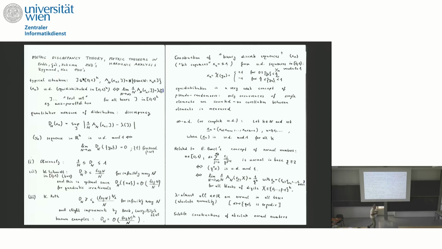Constructions show that sequences exist with discrepancy (log n)^k. So there are simple constructions for so-called low discrepancy sequences.